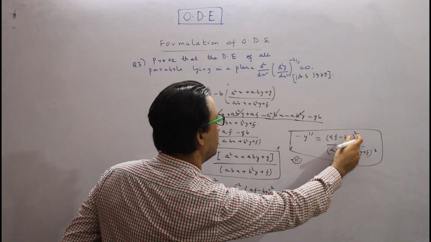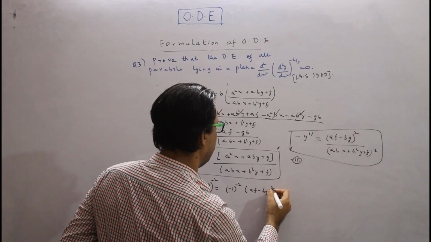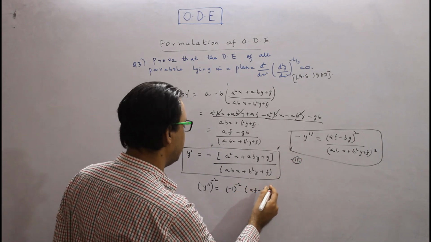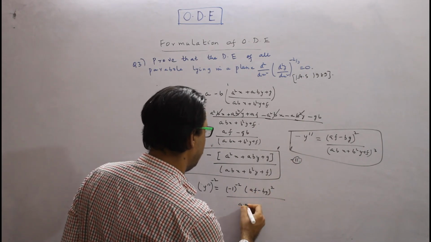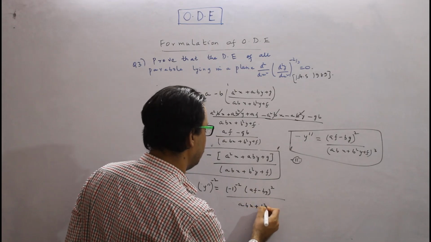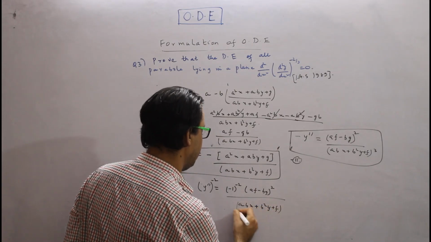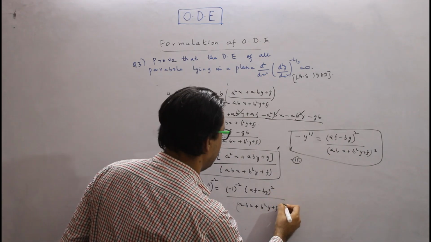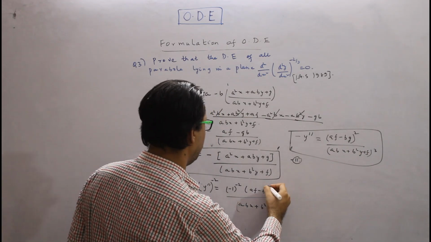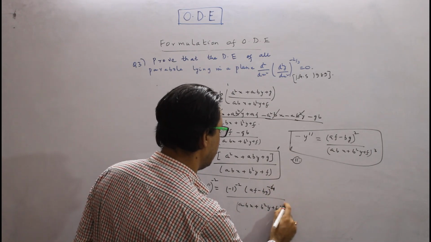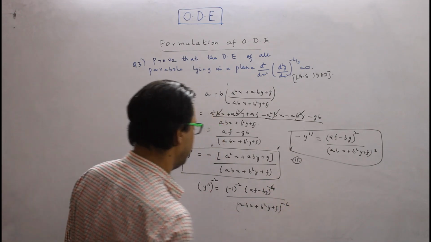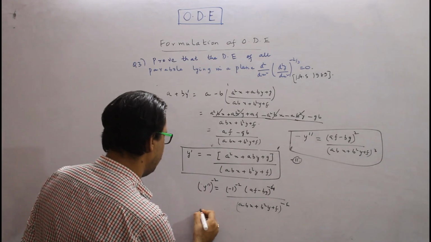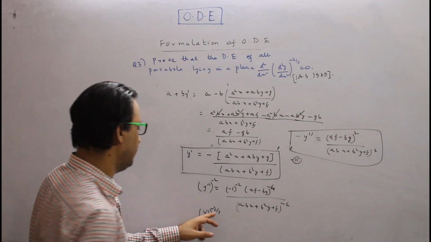This is already a 2, so if we write in this one format, we can write it as whole (abx + b²y + f) whole cube. So this becomes how much? Minus of 4, and this becomes minus of 6. Okay, so here we will take 1/3 of it.